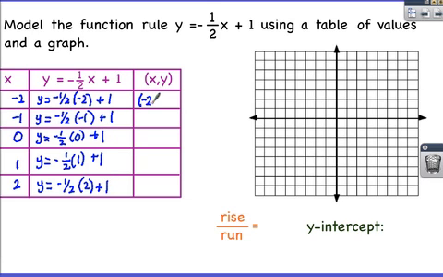So our x is negative 2. Our y, we begin with multiplication. Negative 1/2 times negative 2 is positive 1, plus 1 is 2. Our x is negative 1. We multiply negative 1/2 times negative 1 in order to get 1/2, plus 1 gives us 1.5.